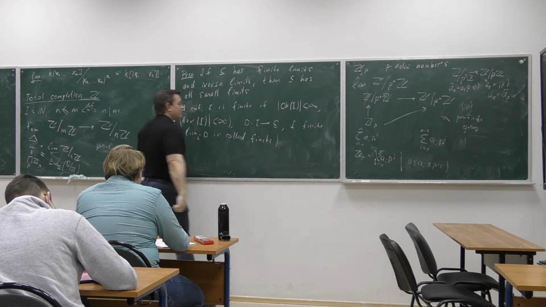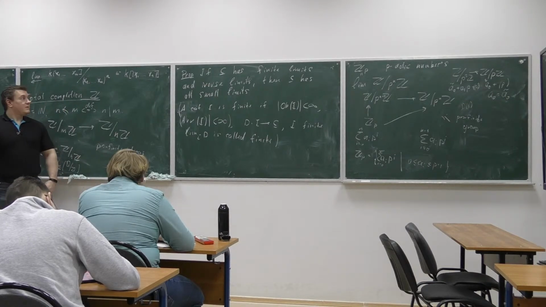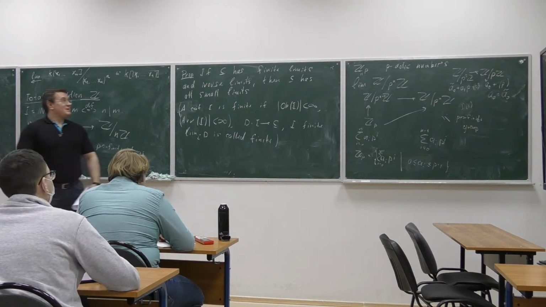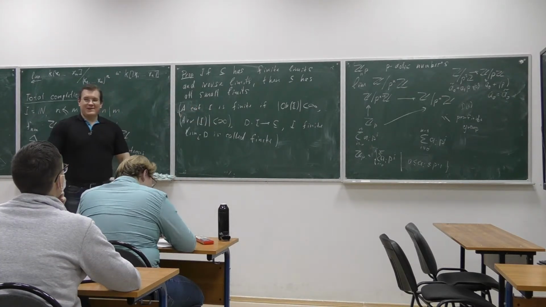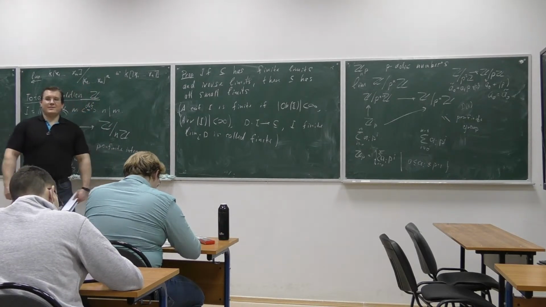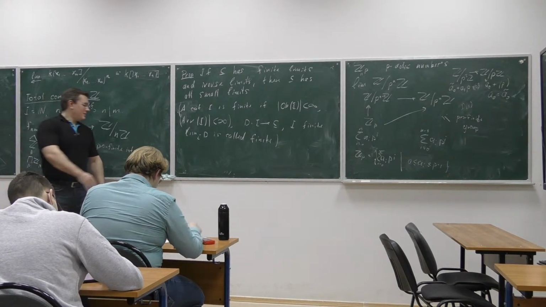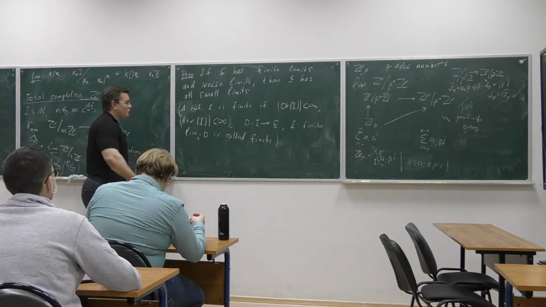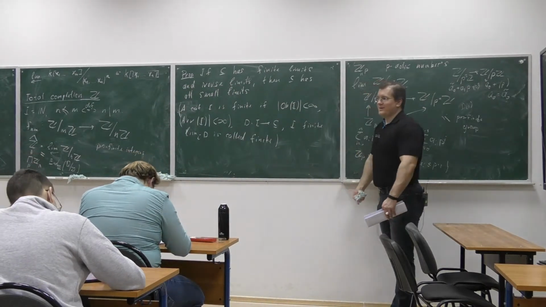We already know some examples of finite limits: products, equalizers. This is an assumption that I is a small category. Objects form a set, yes.